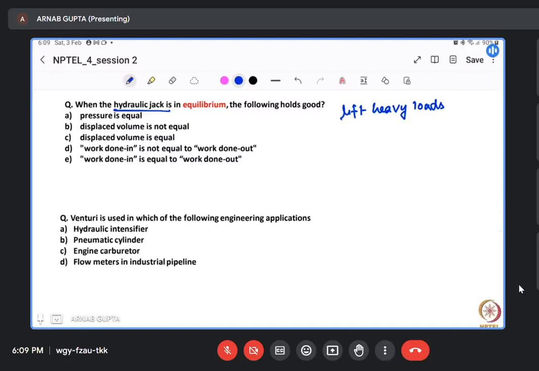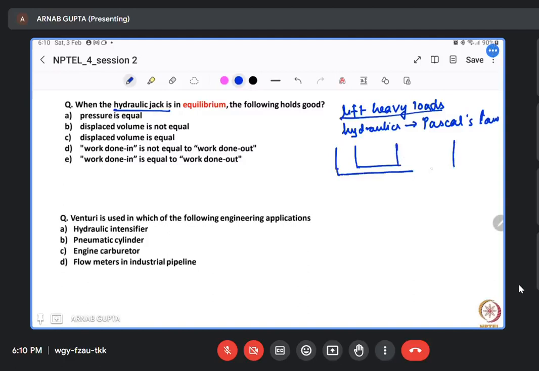So we are taking the help of hydraulics to carry out this operation. To be more specific, Pascal's law is the underlying fundamental that we are using. Roughly, you would have two interconnected cylinders which are connected through a hose, and you have a fluid medium here.